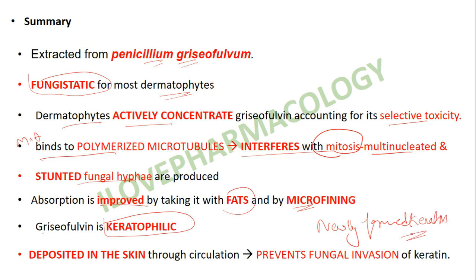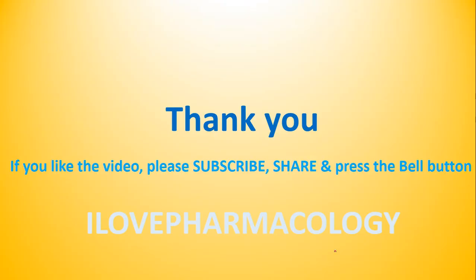Remember, in keratin which is already infected with the fungus, the fungus will remain and be destroyed only when the keratin is shed off. But griseofulvin will provide protection to the newly formed keratin, thereby preventing fungal invasion into it. Thank you.